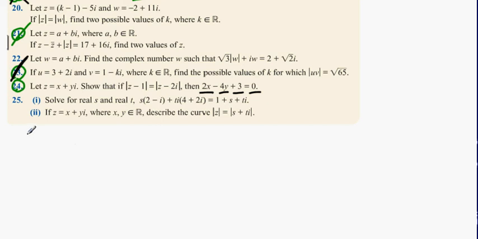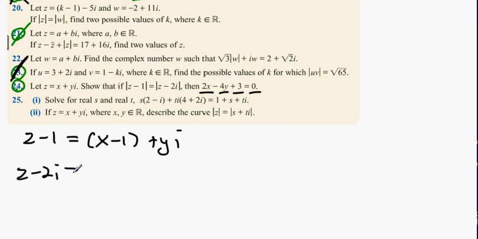So what I'm going to do is find out what z minus 1 is. z minus 1 is basically taking 1 away from the real part, so it's going to be x minus 1 plus yi. And then z minus 2i is basically taking 2 away from the imaginary part, so it's going to be x plus (y minus 2)i, because you're taking 2 away from the imaginary component.